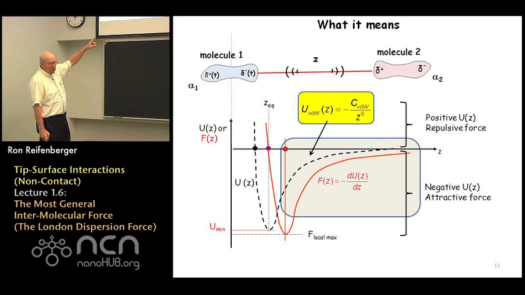And so, what this diagram is trying to remind you of is if you have two objects separated by a distance z, and if these two objects do not have a permanent charge associated with them, but if they have a dipole moment, or if their dipole moments can be induced, the net interaction between these two objects is attractive, means it's negative on this plot, and the way that interaction potential energy varies is 1 over z to the 6th power of the separation between them. So that's indicated schematically in this slide by that dashed line.